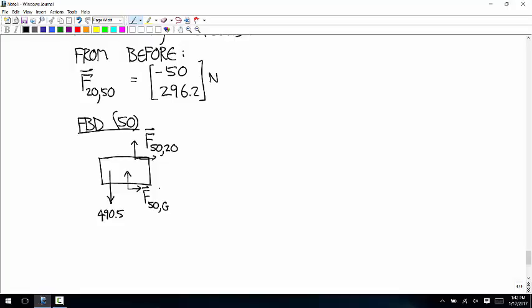So now this F5020 by Newton's third law is equal to negative F2050. And negative F2050 is equal to positive 50, negative 296.2.